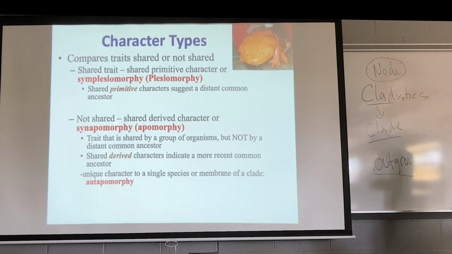And so these are the characters we're going to use to separate our frogs into smaller groups. Right? If we have 10,000 frogs and we separate them into 50 groups of however many, right? Then the separation into those 50 groups is based on characteristics that we consider derived characters. So a derived character is found in a group, but not in the most recent ancestor.